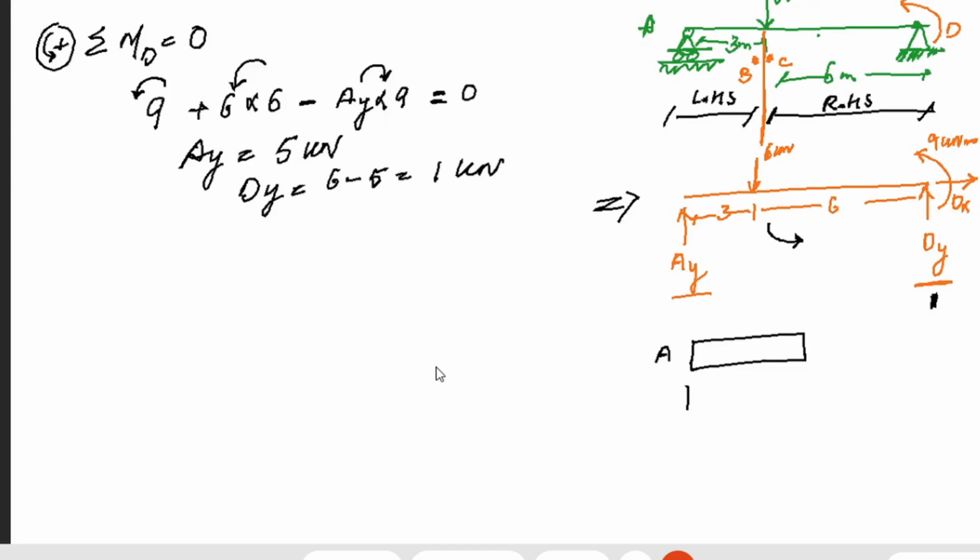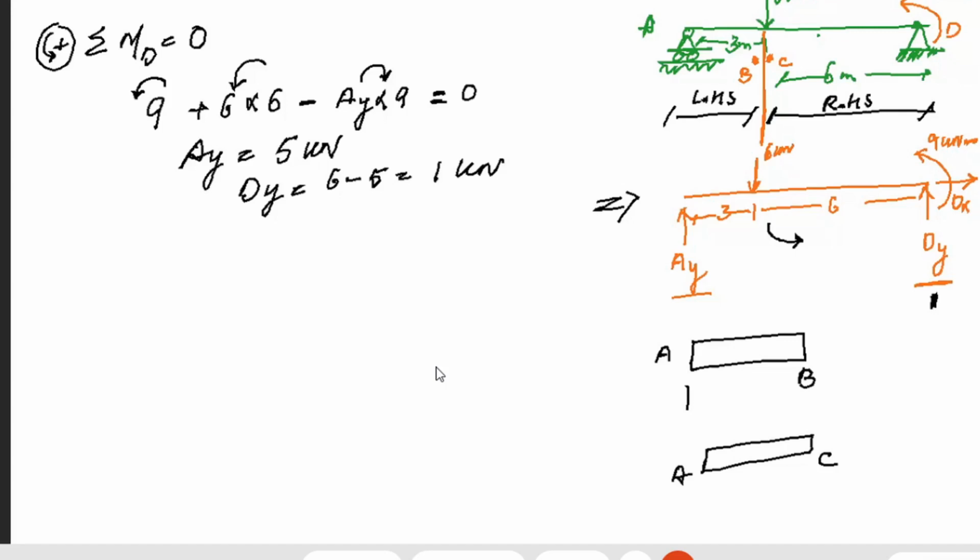Okay, here now we will consider the left part of the simply supported beam, which is A to B in first case, and then in second case, I'll consider A to C. I have to see what actually happens at point B and at point C again. It is a similar situation which we already had.